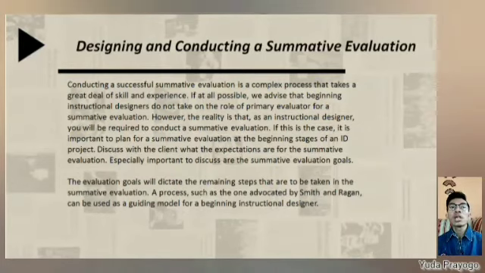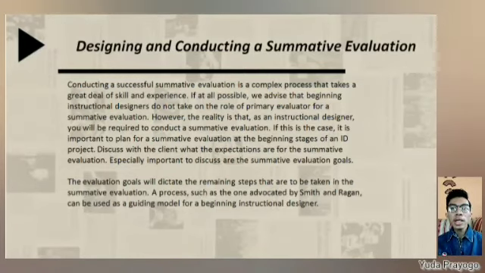Having the instructional designer responsible for designing and conducting the summative evaluation is often seen as a conflict of interest because the instructional designer is busy and has a tremendous stake in the project's success. However, this is not to imply that an instructional designer cannot be involved. It only complicates the situation.